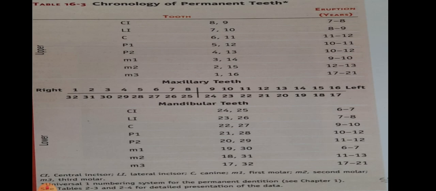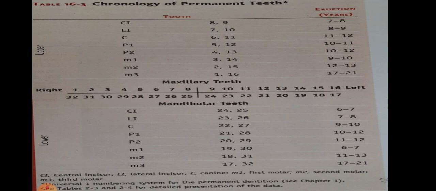The most common sequences for the mandibular arch are 6 and 1, 2, 3, 4, 5, 7, 8 and 6 and 1, 2, 4, 3, 5, 7, 8.